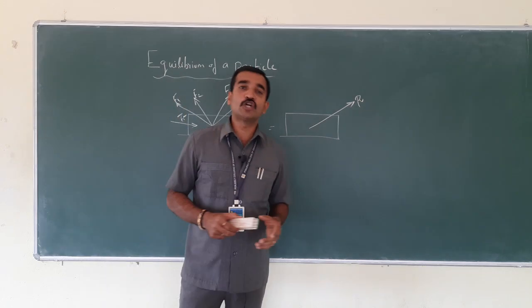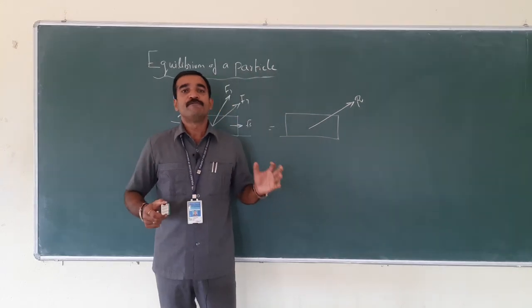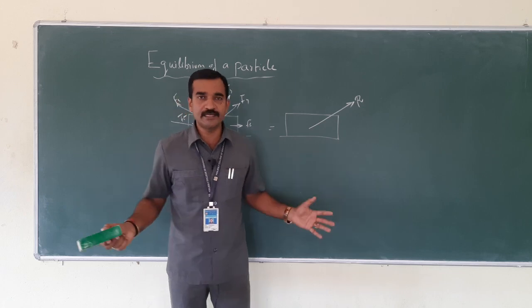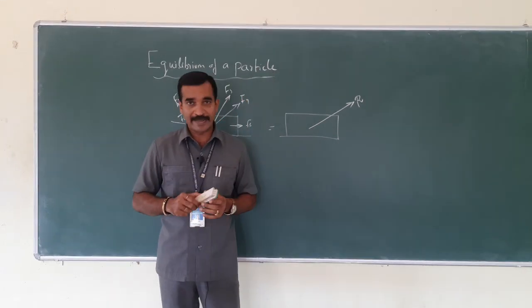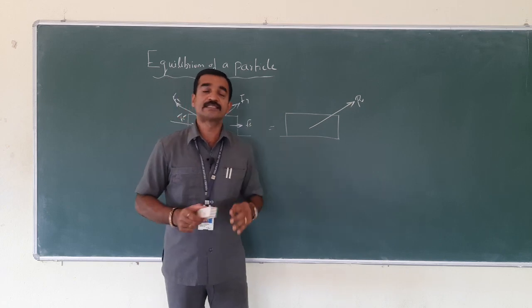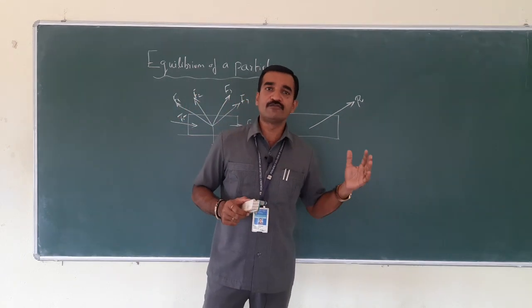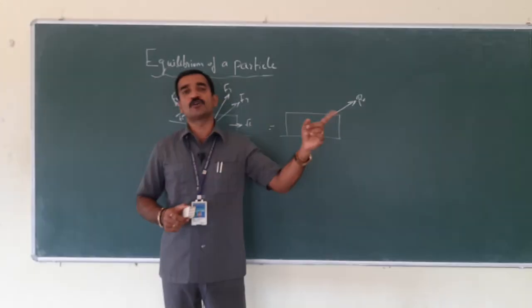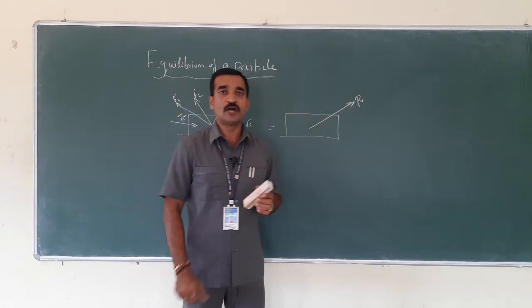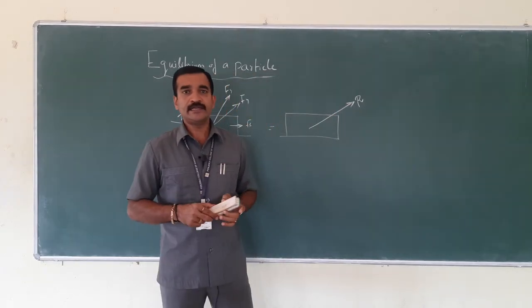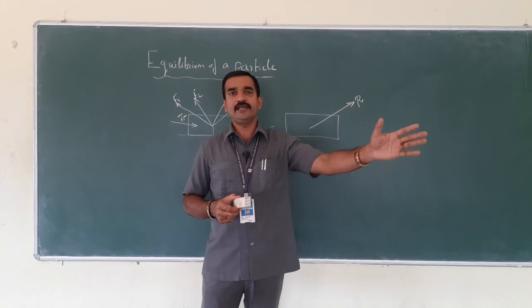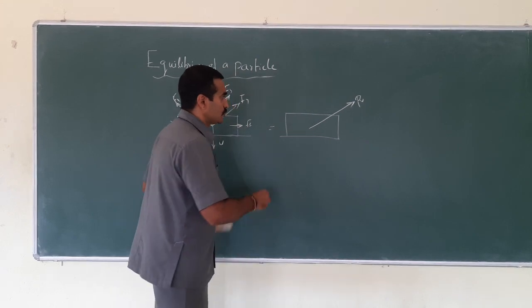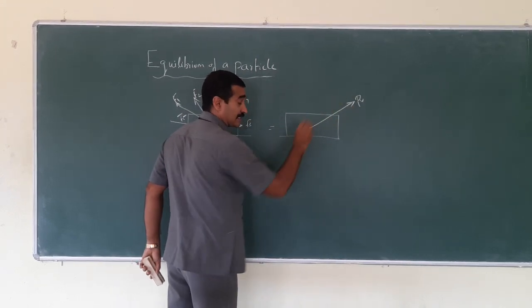The definition: the force which brings all the forces in equilibrium is called equilibrant. So, equilibrant is equal to the resultant force in magnitude but opposite in direction, and its line of action is along the resultant. So, assume this is the resultant, right?